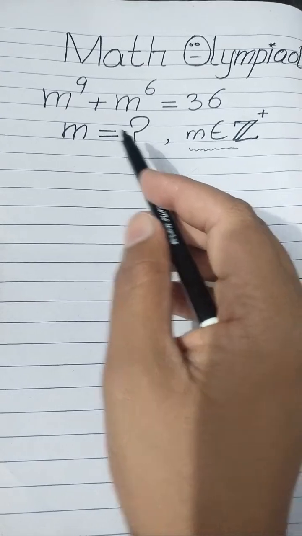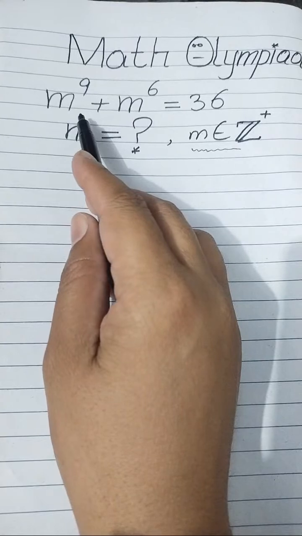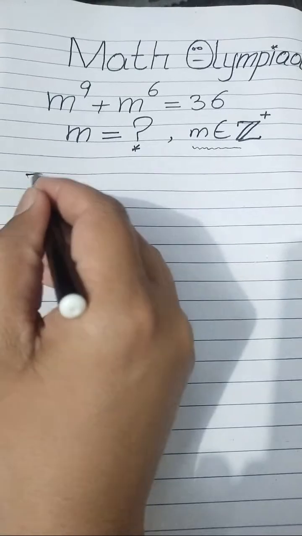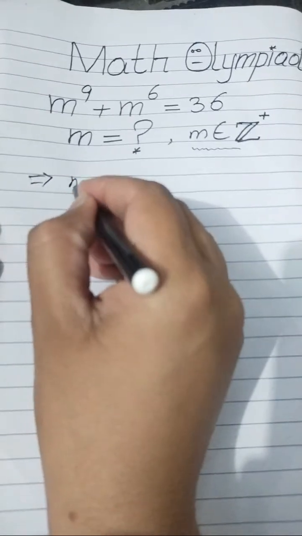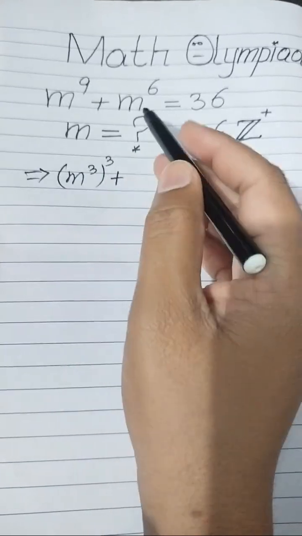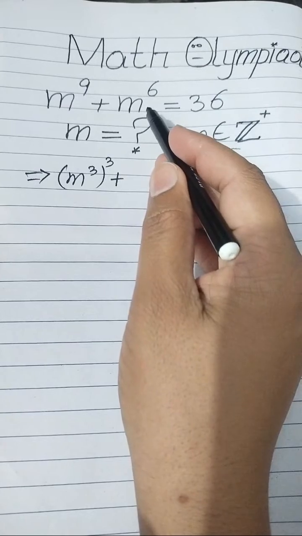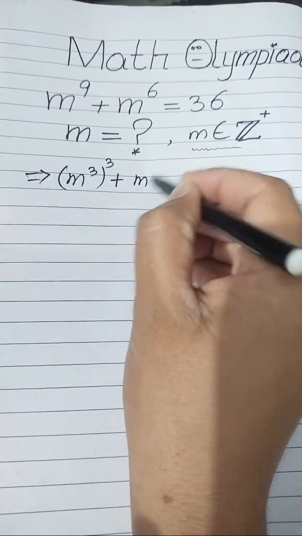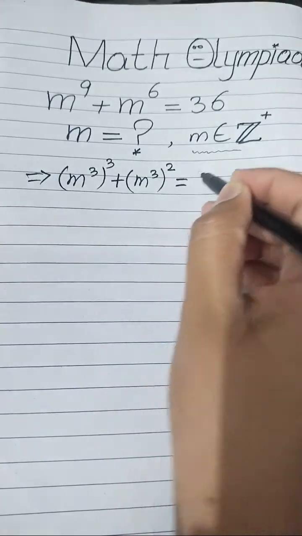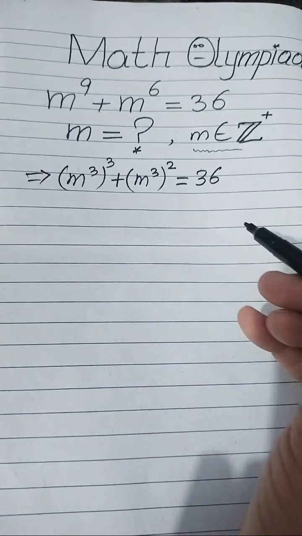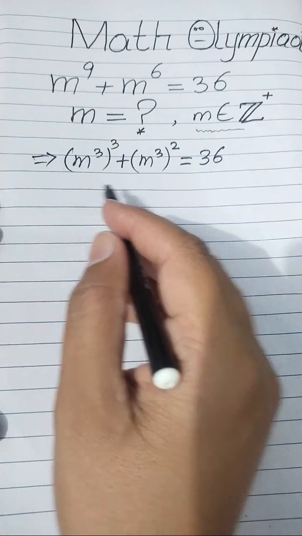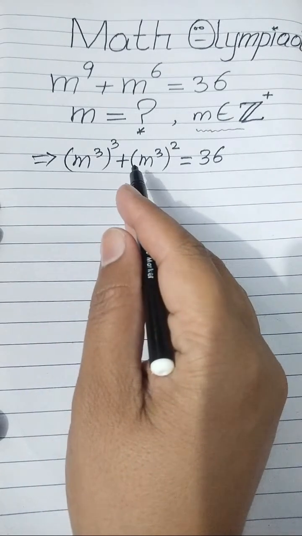Okay, the very first thing we are going to do is write m to the power of 9 as m to the power of 3, and its whole power 3, plus m to the power of 6 as m to the power of 3 and its whole power 2, is equal to 36. After that we will make a substitution in order to write this equation in simplified form.